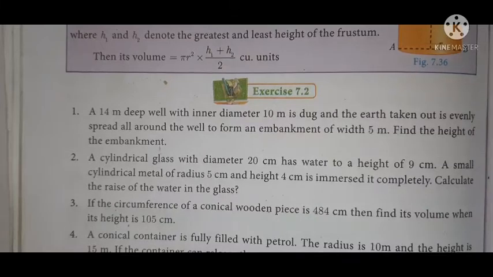Its diameter is 20 cm. It is filled with water at a height of 9 cm. A small cylindrical metal is given. Its radius is 5 cm and height is 4 cm. It is immersed in the water. To find the height of rising water.